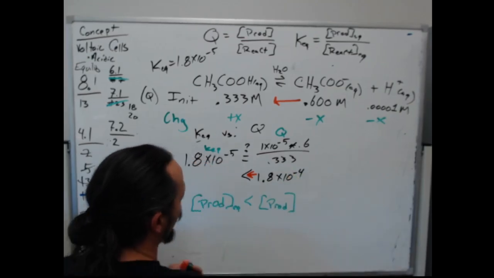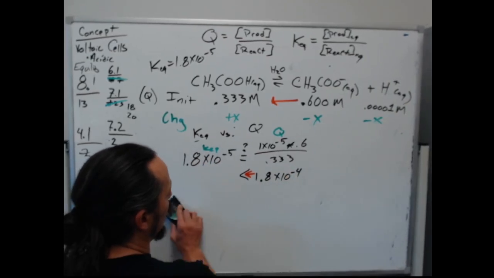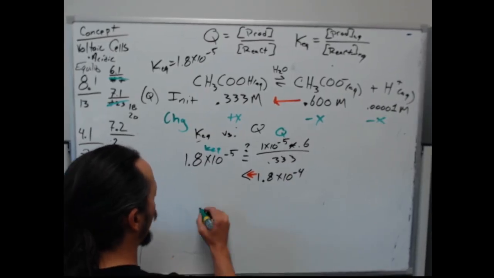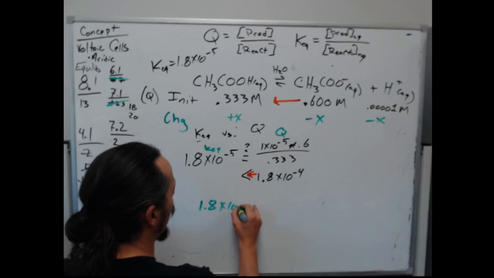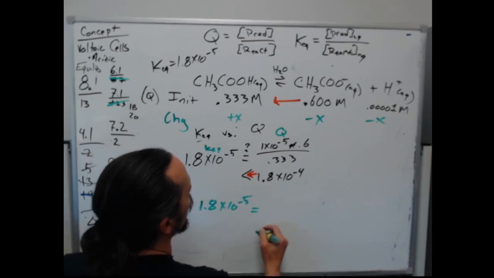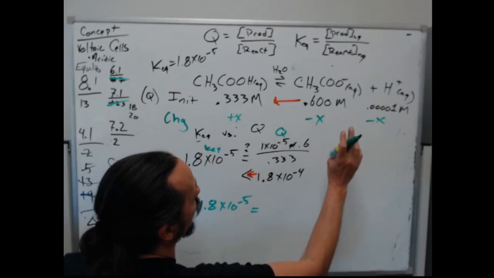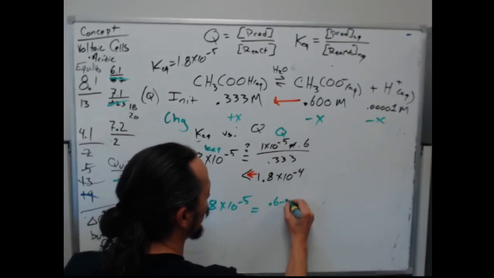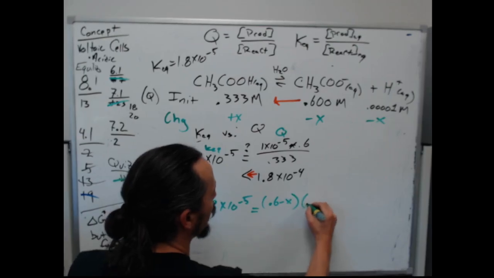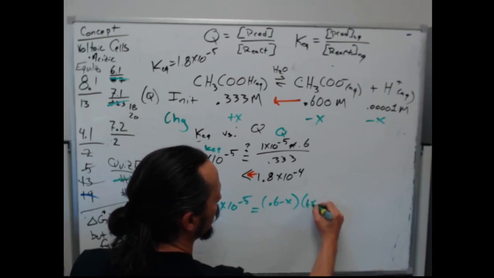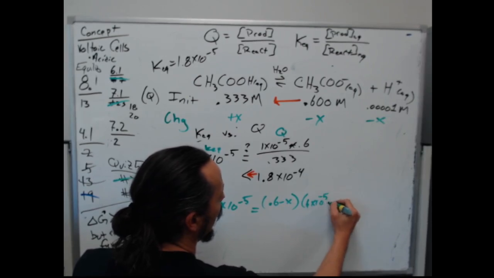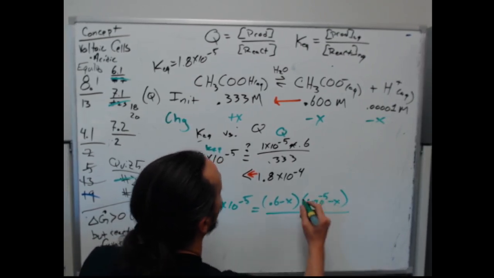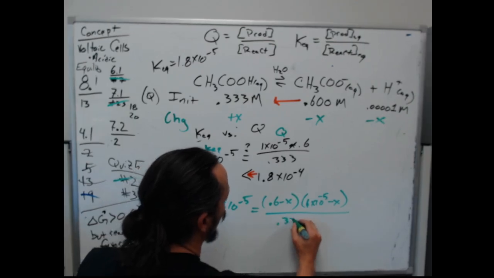If we do our change like we've got here in green, we could just set it up where we have 1.8 times 10 to the minus 5 equal to products over reactants: 0.6 minus x times 1 times 10 to the minus 5 minus x, divided by 0.333 plus x.